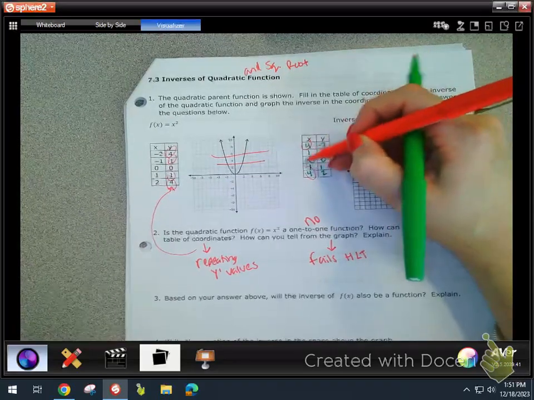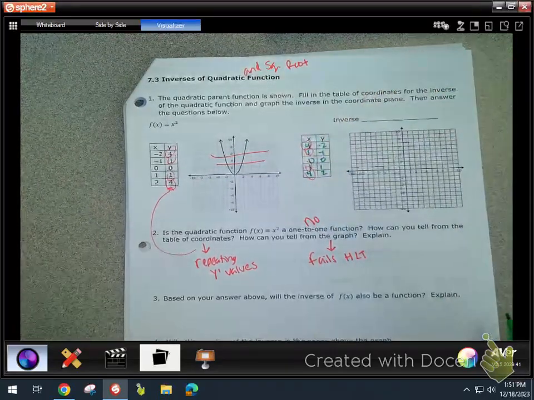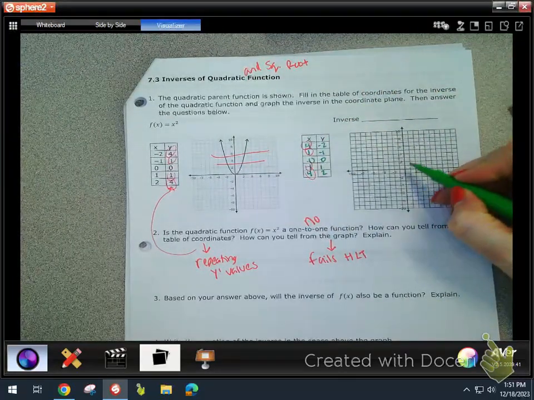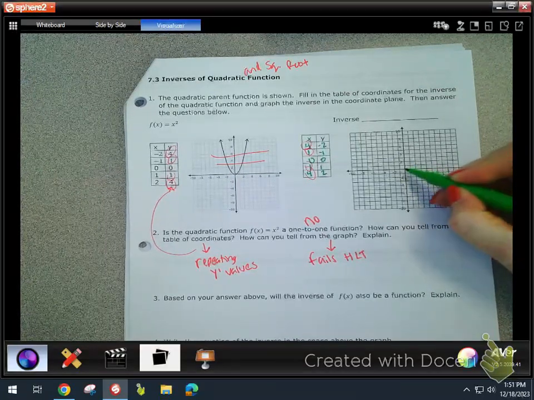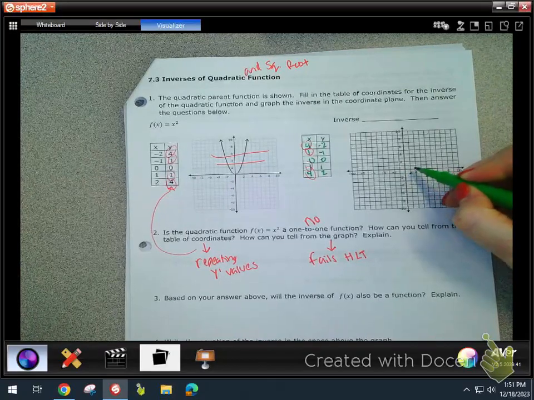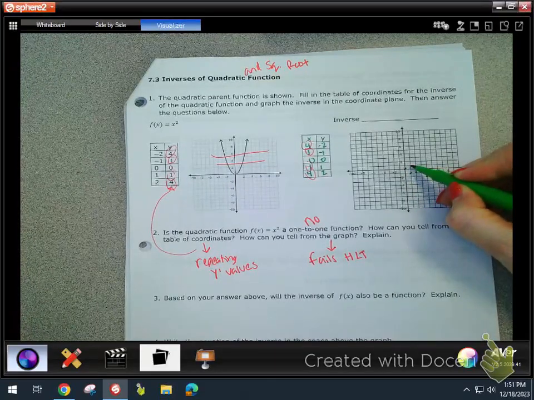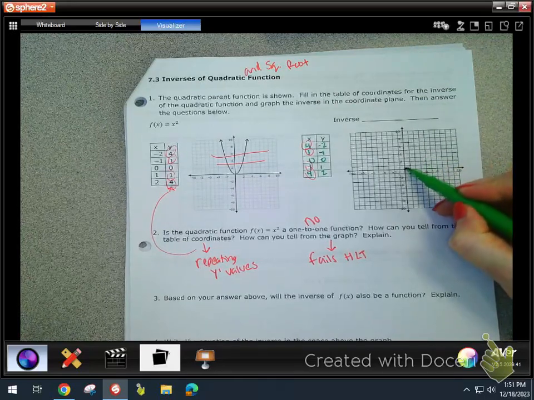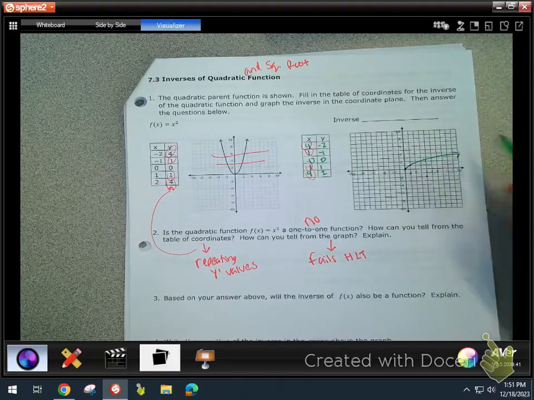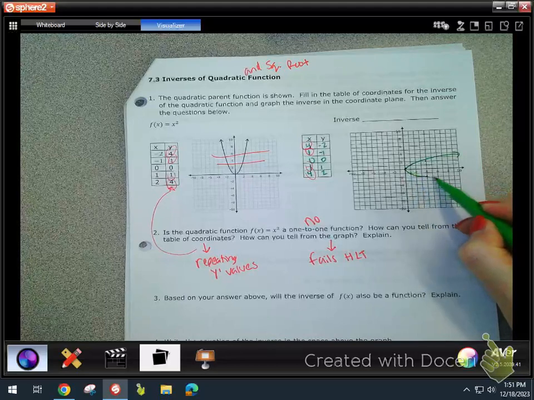I have repeating x's, which make it not a function. If you were to put these on the graph, go ahead and do this. So we have (4, -2), (1, -1), (0, 0), (1, 1), (4, 2). So if you were to graph this whole thing, you would see kind of this sideways parabola looking.